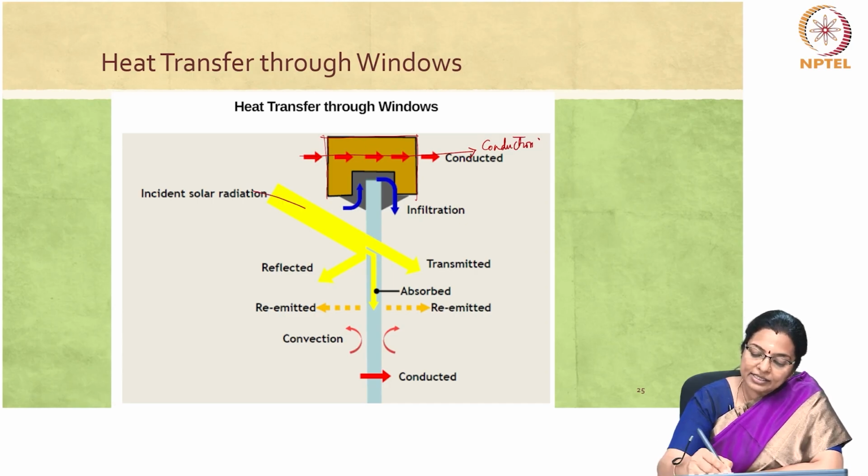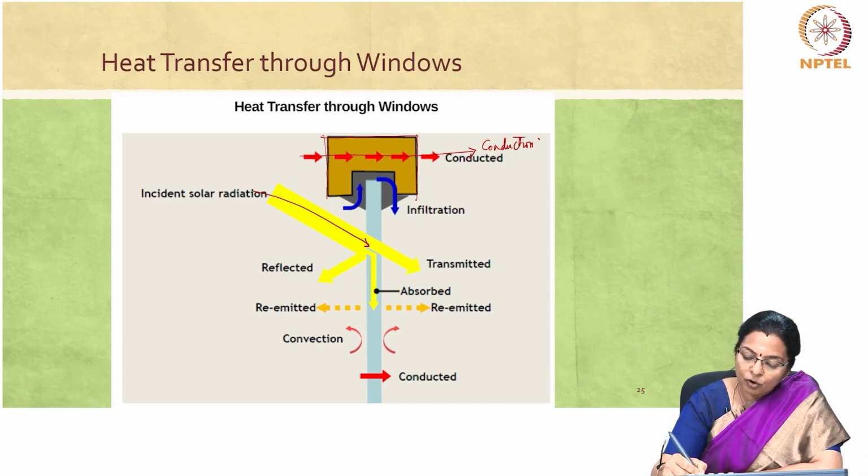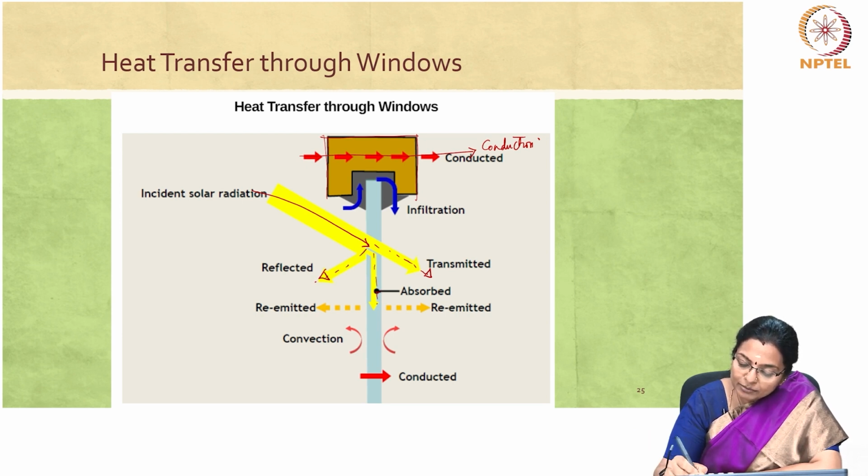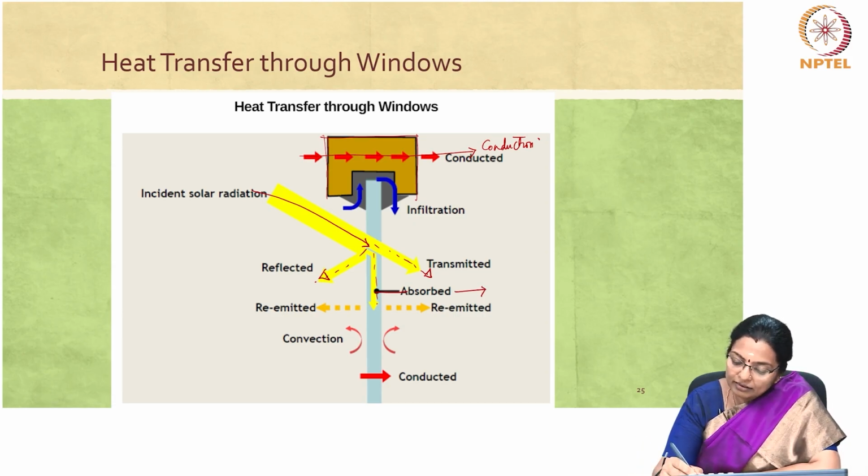Then the incident solar radiation which falls on the glass, that partially gets transmitted, partially gets reflected, and partially gets absorbed by the glass, which in turn could get conducted to the room, air near the room.